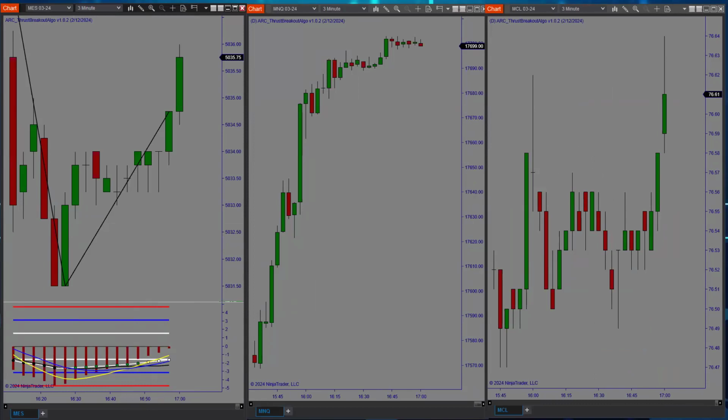Yeah, totally fine. What if you want to trade multiple algos on one instrument? Can you do that? Yes. You have a couple options there. One, trade them on different accounts.